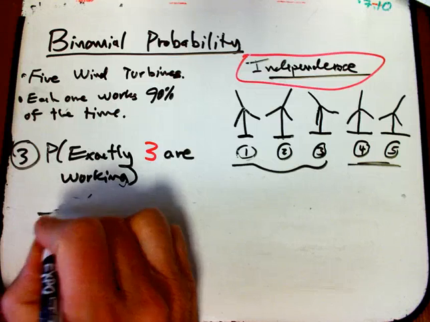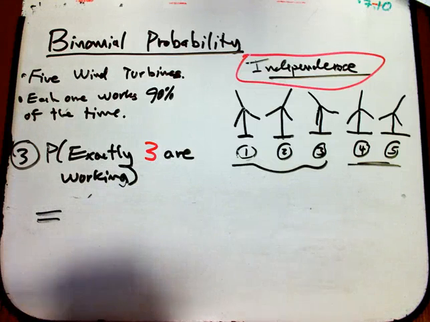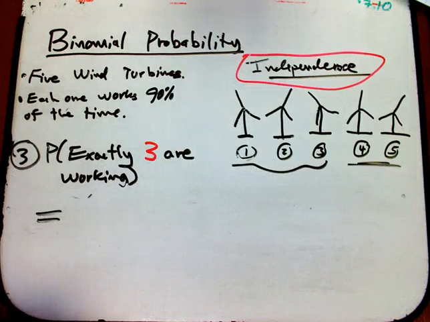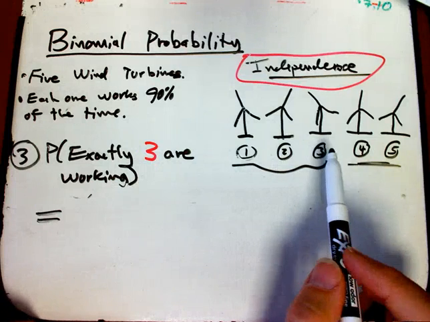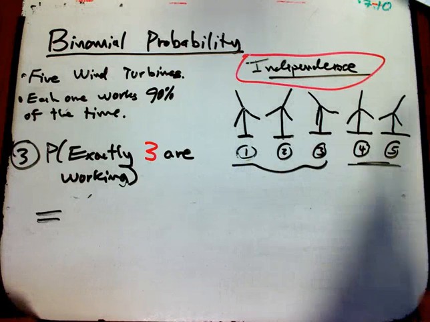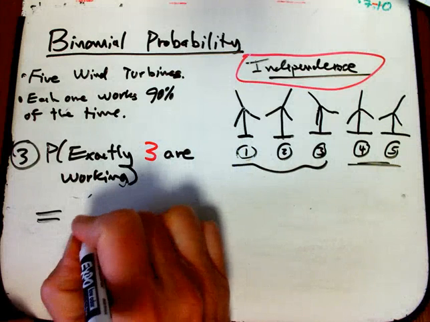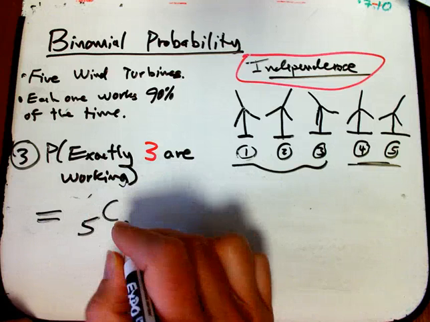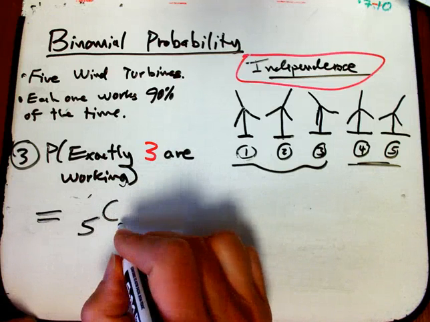So now we're going to do it right from the start. The first thing is simply you need to say how many ways we can choose which ones are working and which ones are failing. And that's exactly a binomial coefficient, or a choose coefficient, or combinations, whatever you want to say.